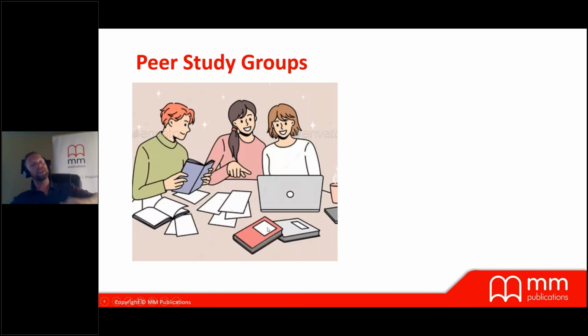So, peer study groups now. We mentioned before the contribution of getting students into a situation where they need to take charge of their own learning and organize their group. They need to organize how they're going to meet and conduct this project. This is what happens when a peer study group is arranged.